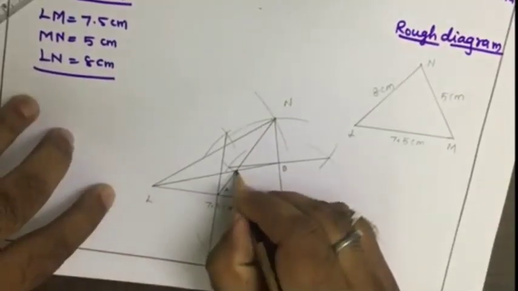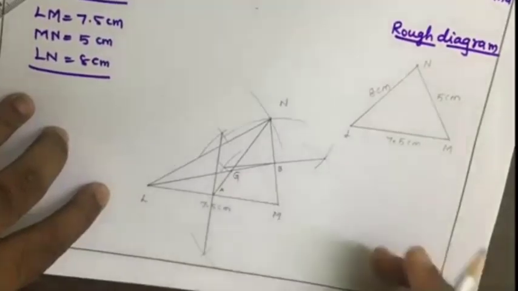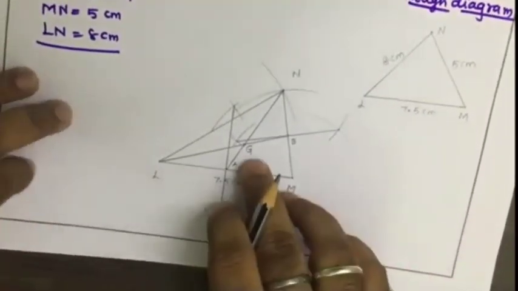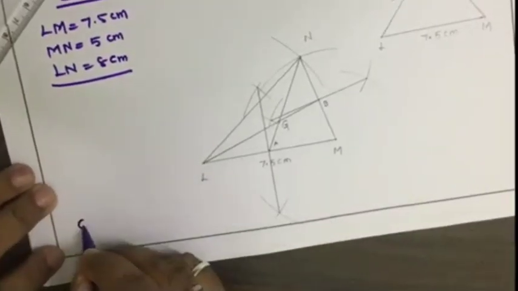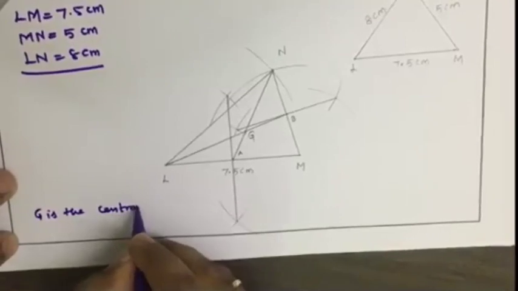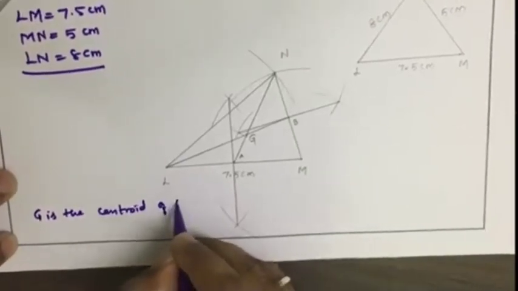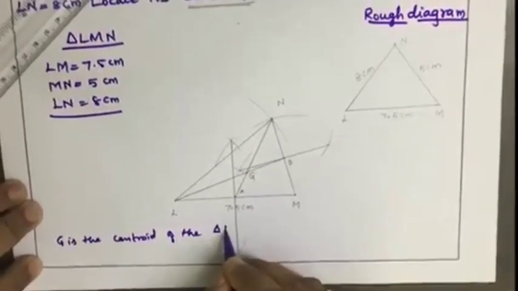Now locate its centroid. What is the centroid? The intersect point of the medians is the centroid. We write the centroid name as G. Can you understand? G is the centroid of the triangle LMN.